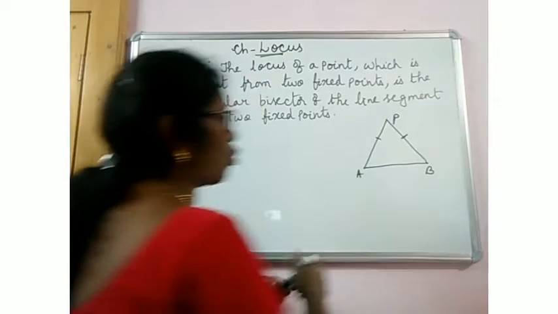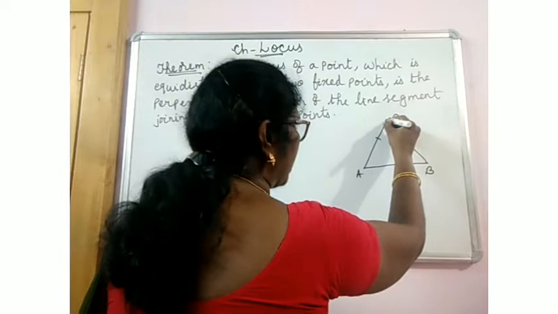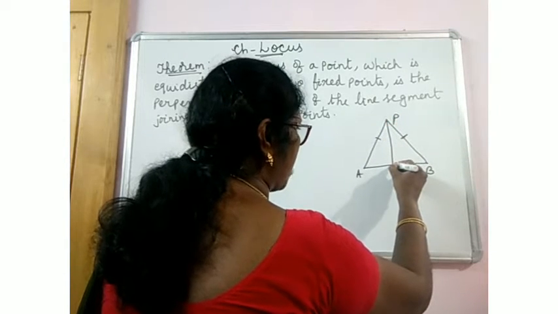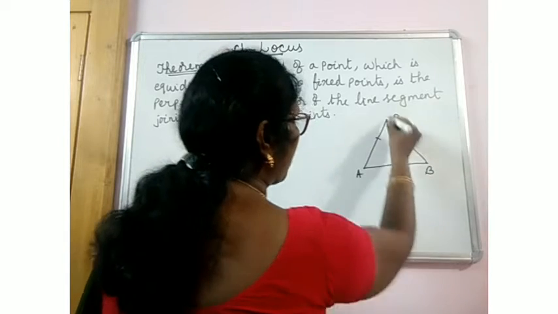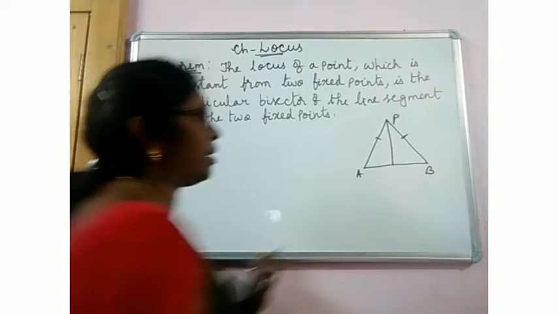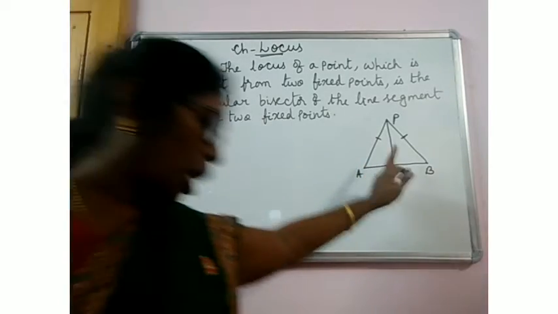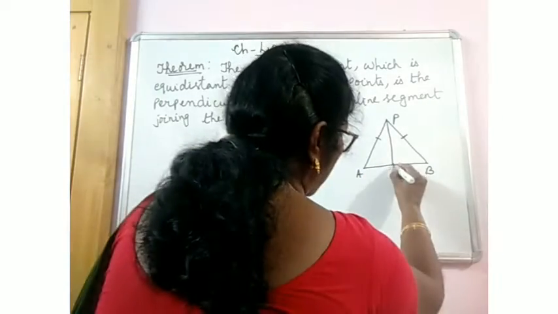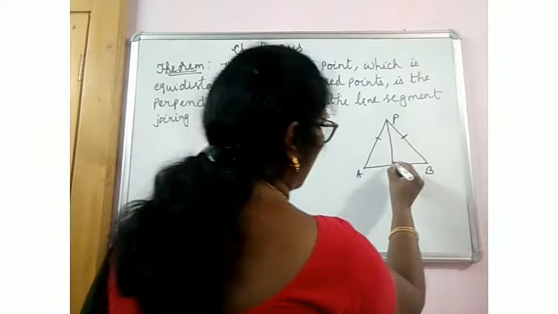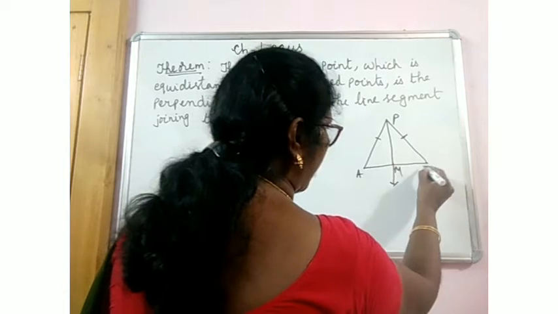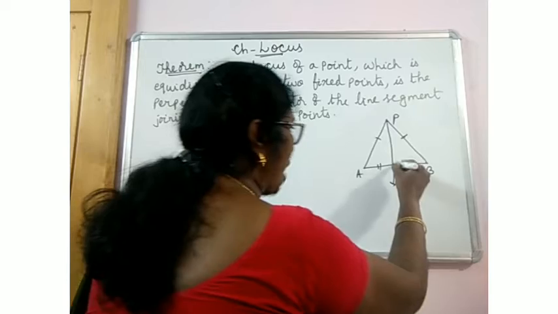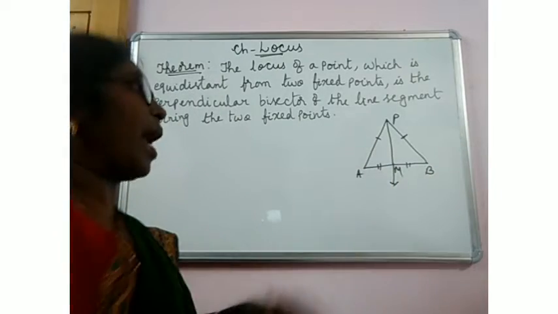We have already joined these two fixed points, and the locus of point P, which is equidistant from A and B, is the perpendicular bisector of the line segment joining them. You have to prove this. For that, take M the midpoint of AB, join PM and produce it.